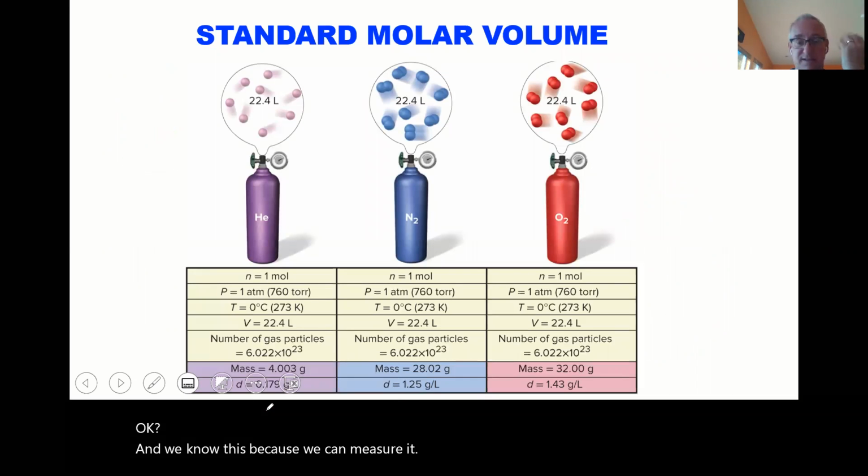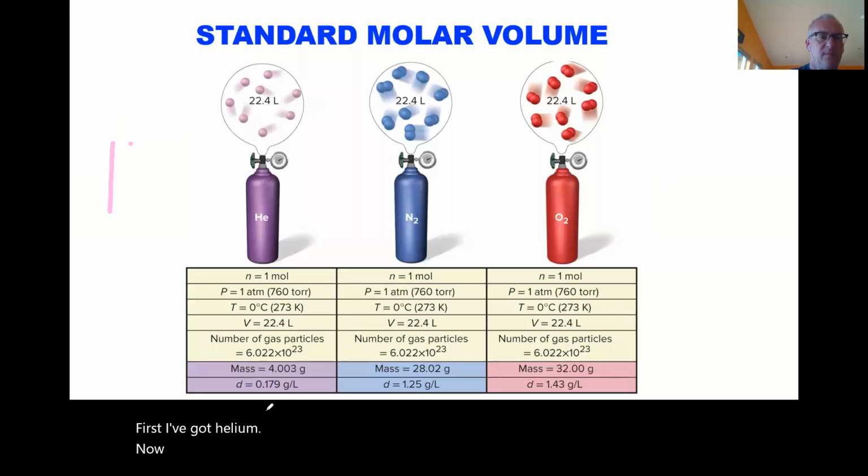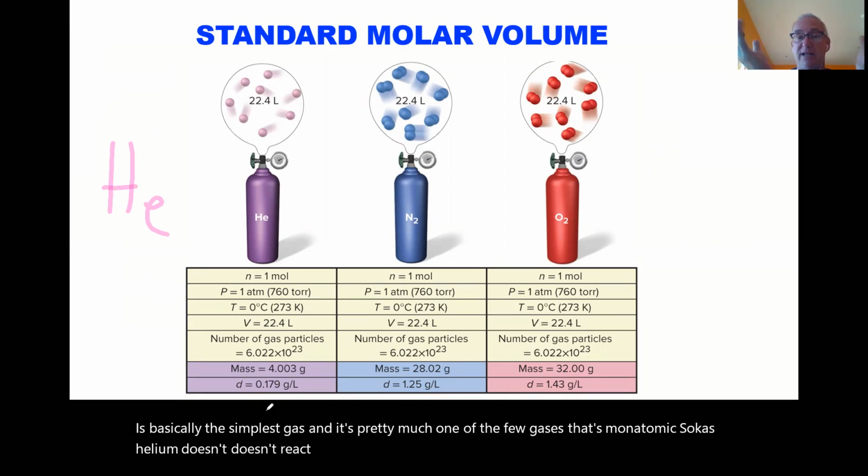Here's 3 different gases. First, I've got helium. Now, helium is basically the simplest gas, and it's one of the few gases that's monatomic, because helium doesn't react with anybody. So helium gas is basically an atom of helium.